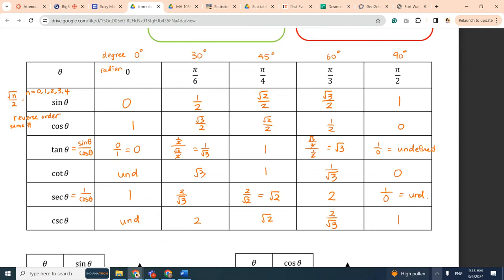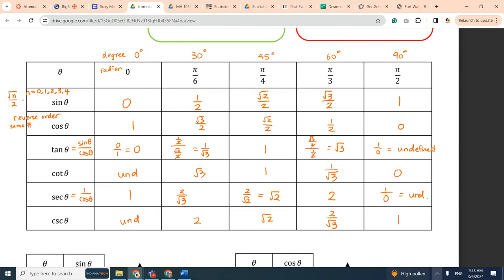The second row, same numbers as the first row, but we reverse the order. So you get these. And this is sine over cosine. Using this number divided by that number, 0 over 1 is 0. 1/2 over this is that. You get 1 over root 3. And that's why you get this.